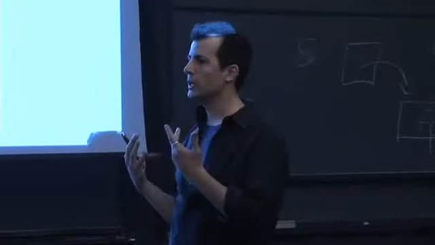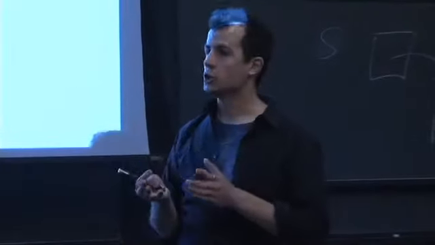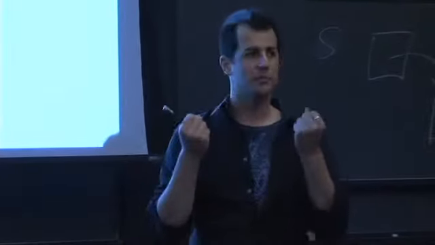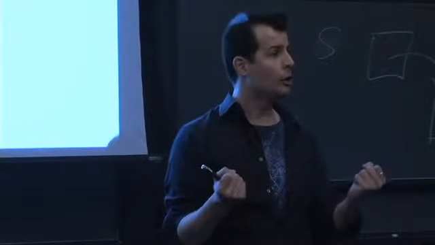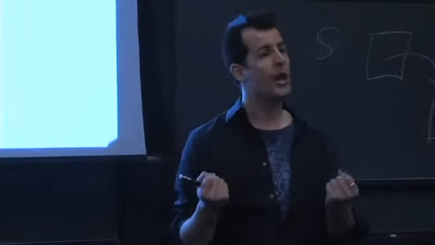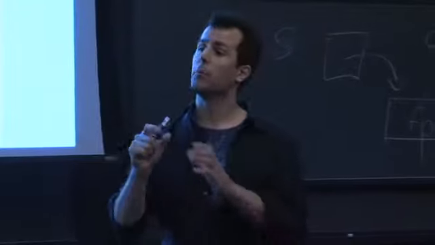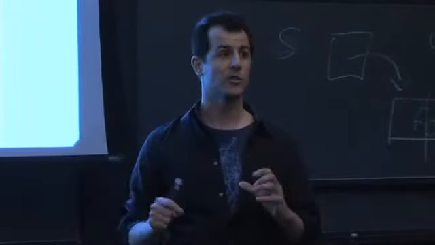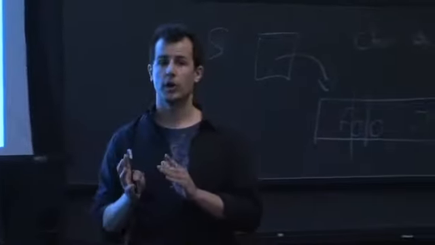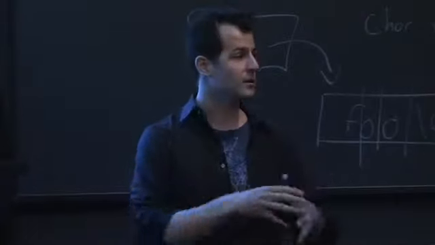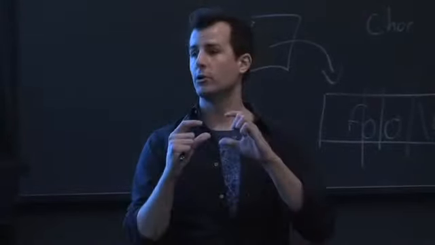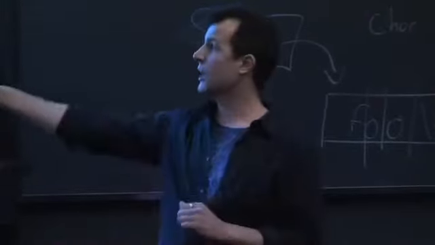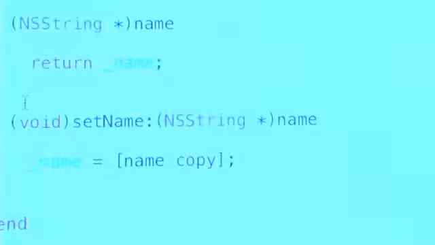So conceptually, if you want an object to truly have its own copy of something, and that something's a string, you need to implement a bit more functionality to actually copy the bits that compose that string, not just the address. Thankfully, this is easy. Because a string, in this case, is an NSString, not a C string, not a low-level char star, it's an object, which means we can pass it messages.